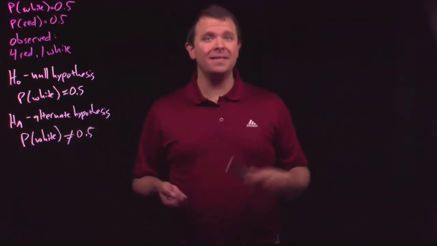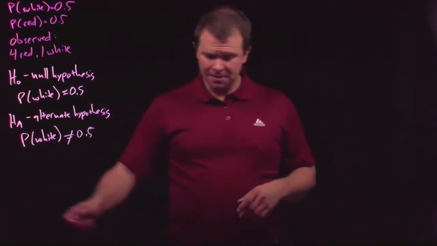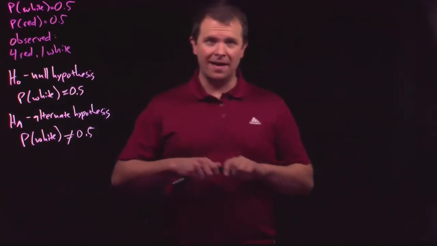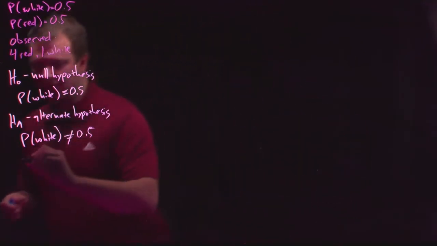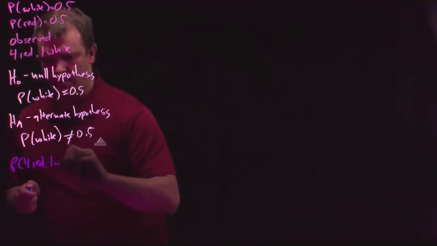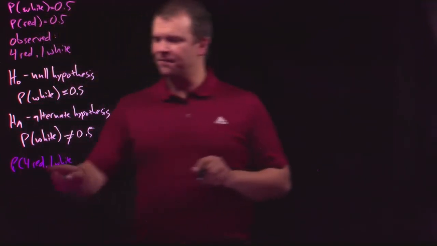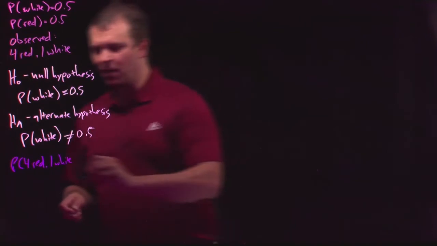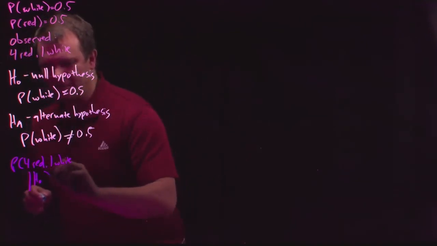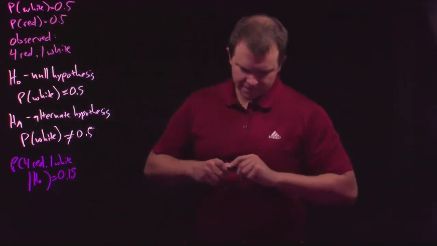And we saw in the last video that under the null hypothesis, the probability of seeing 4 red-eyed flies and 1 white-eyed fly is approximately 0.15.